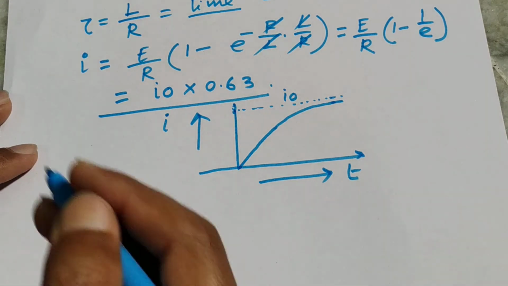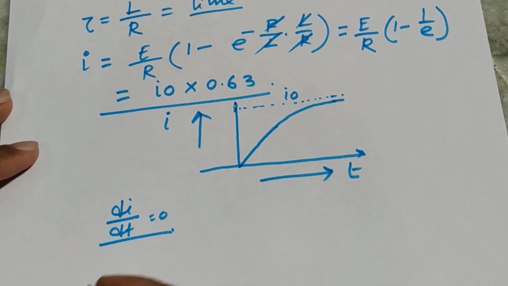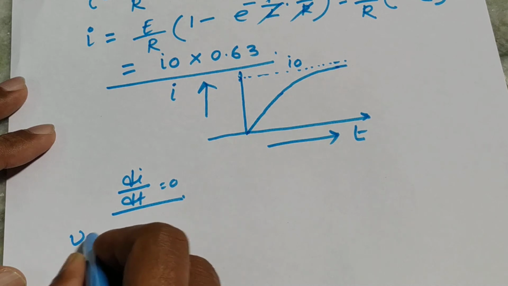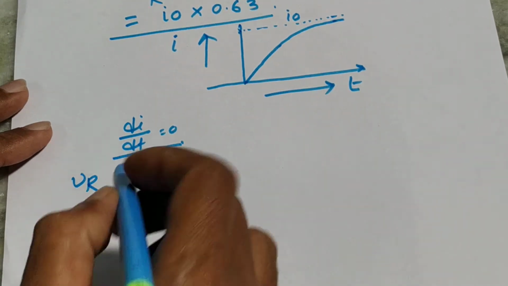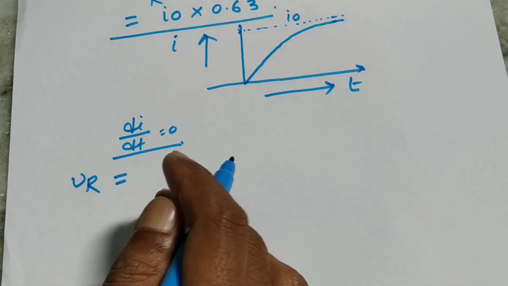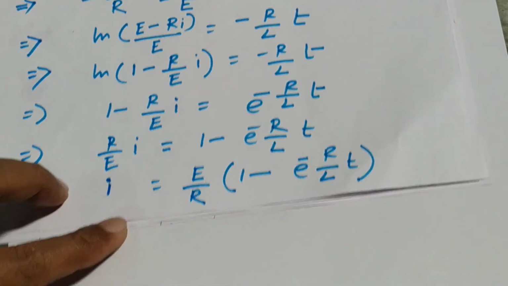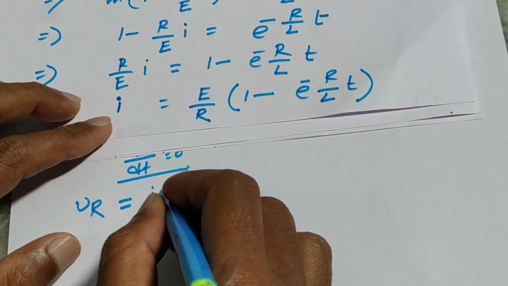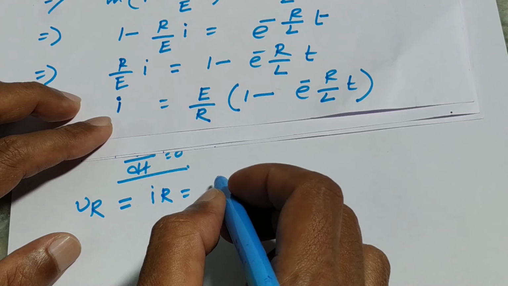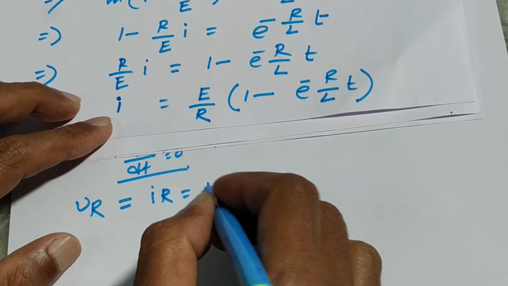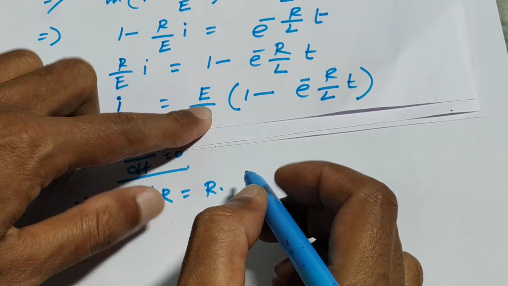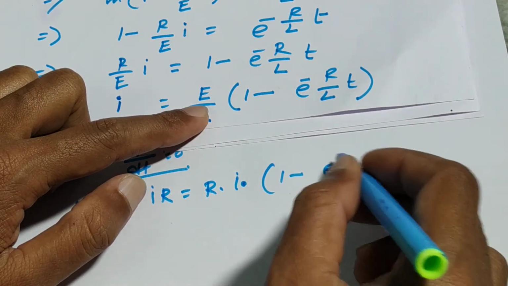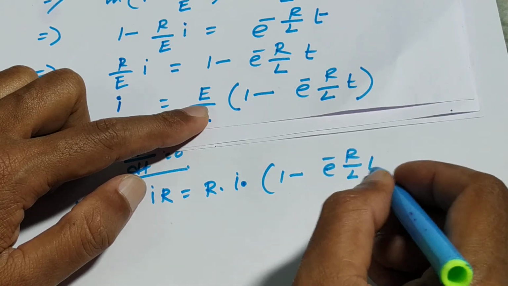The voltage drop across the inductor and resistance at any instant of time: the voltage drop across resistance VR equal to, we know at an instant the equation of the current in the circuit is I, so I into R, and this is equal to R into E by R, that means I0, into 1 minus exponential minus R by L into t.